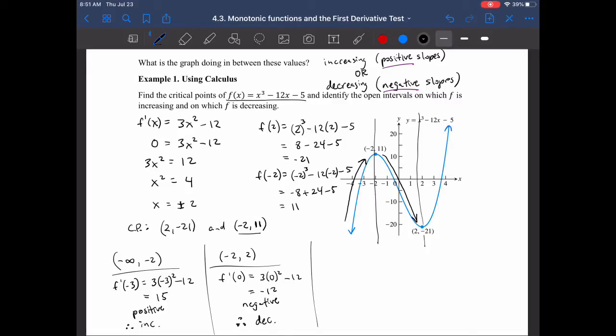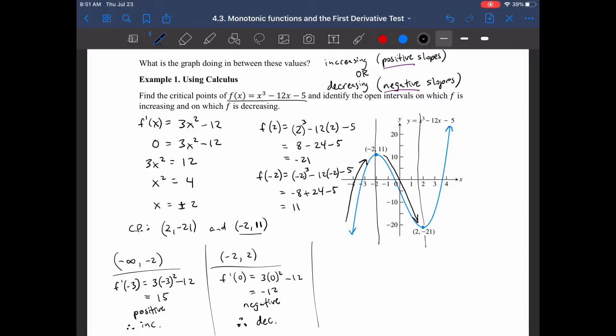Lastly, we need to check to the right of our furthest right point, which is 2, -21. So we pick any number we want. I'm just going to go with 3. 3 is greater than 2, so that's to the right of it. The derivative evaluated at 3 is 3 times 3 squared minus 12.